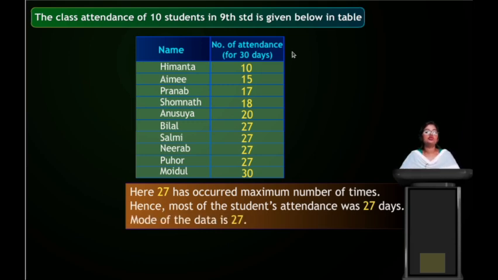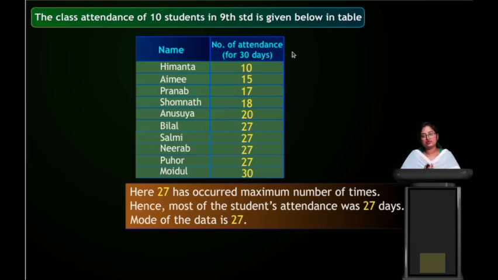Therefore the mode of this data is 27. So what is meant by mode here? The observation which has the maximum frequency will be the mode. So 27 is the mode in this situation.